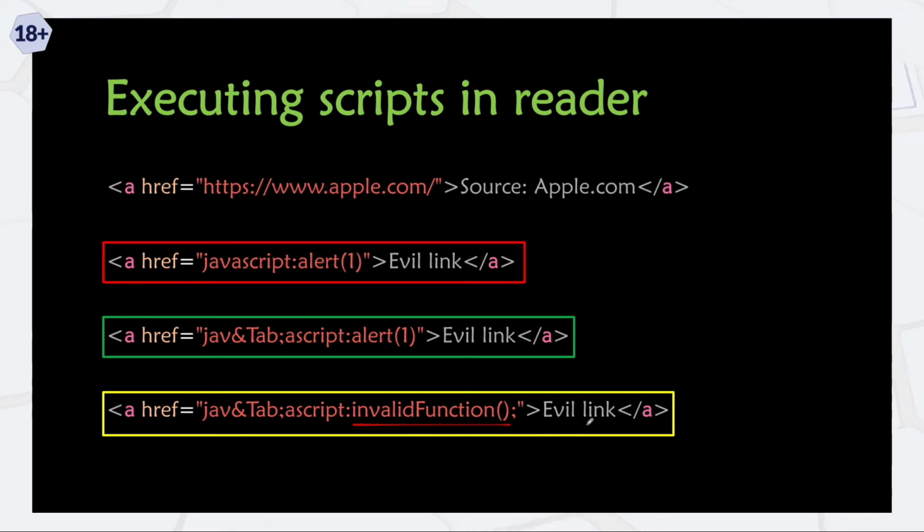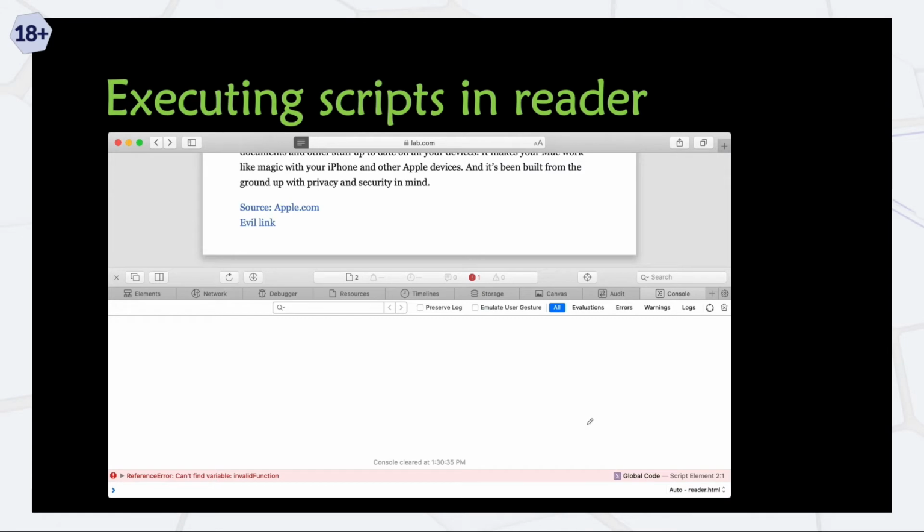As soon as it gets rendered into reader mode, once the evil link is clicked, we have a nice error which says ReferenceError: cannot find variable invalidFunction, which means we are now sure that the browser is actually interpreting our JavaScript code, but we cannot use some defined JavaScript functions.